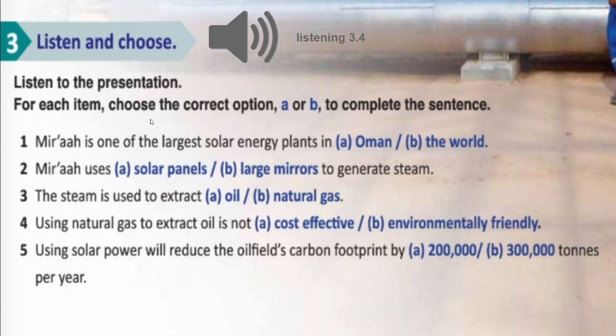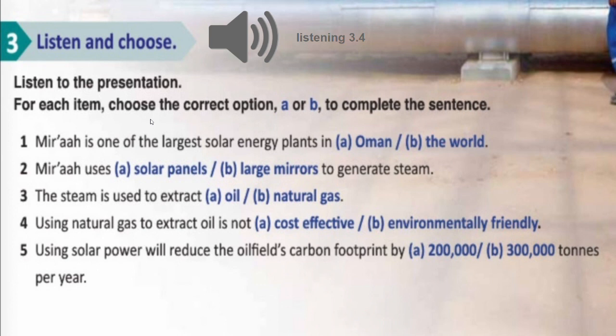Finally, let me explain the advantages of using steam to extract oil. The first advantage is that it is low cost and reliable. In addition, it is sustainable and eco-friendly. We used to use natural gas to heat the steam, but the disadvantage of this is that it was not environmentally friendly.